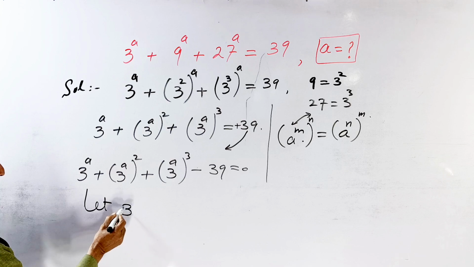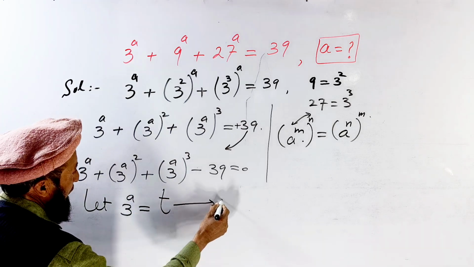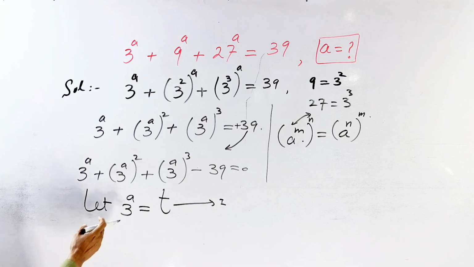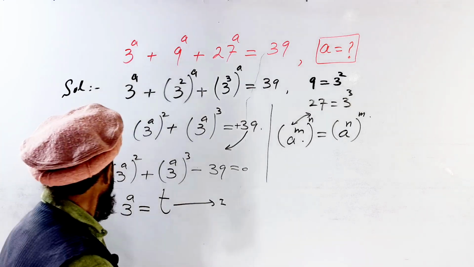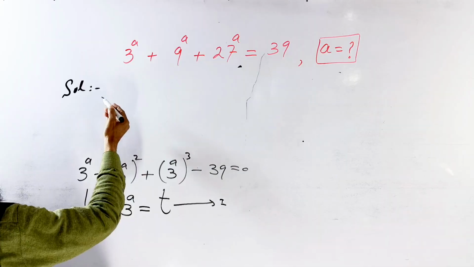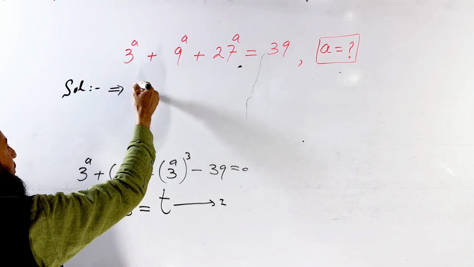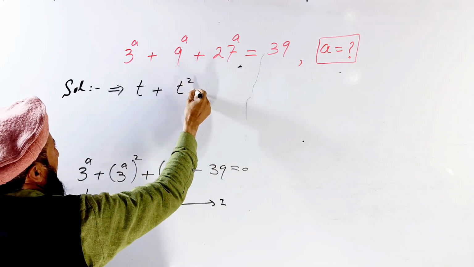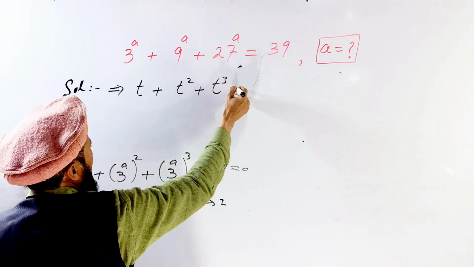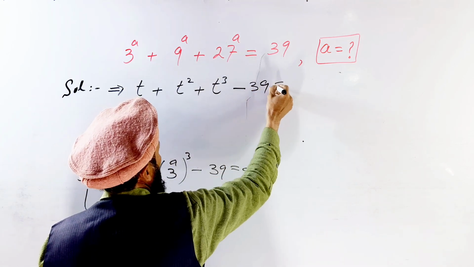Let 3 exponent of a be equal to t. We replace 3 exponent of a, and the equation reduces to the form 3t plus t square plus t cube minus 39 is equal to 0.